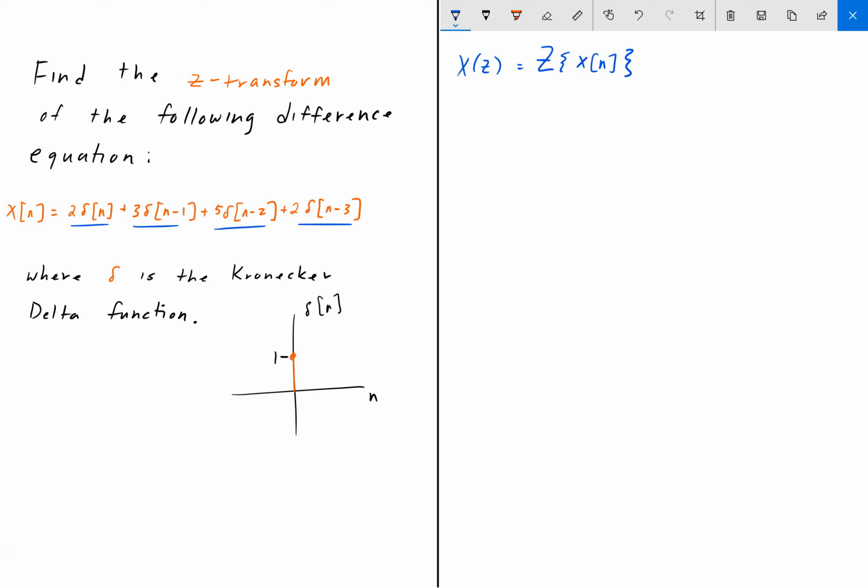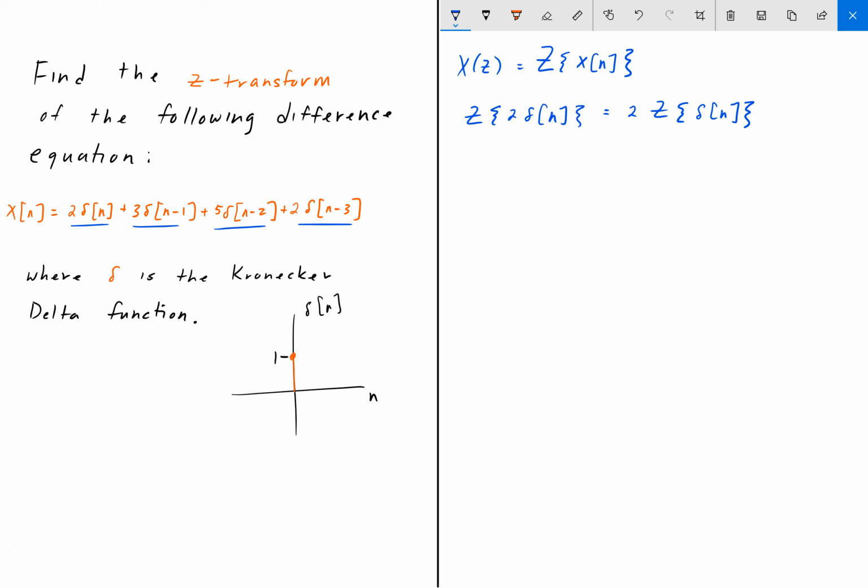So we can start off with the first one. We're looking for the z-transform of 2 Kronecker delta of n. And we can pull out the 2 since it's a constant, and we get the following.